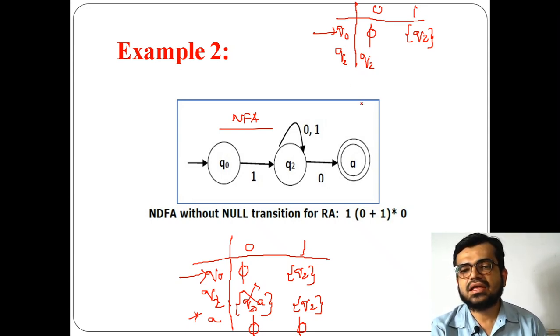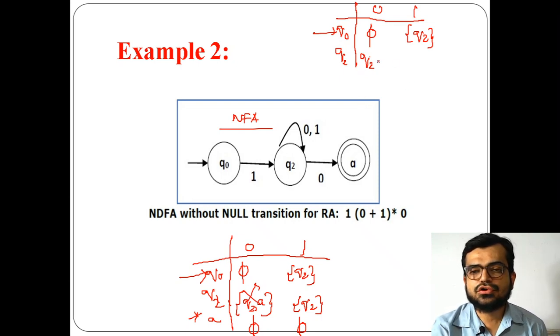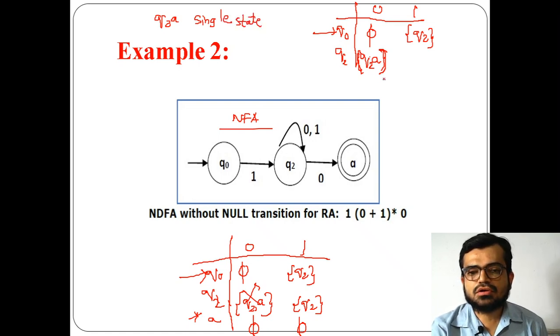I have to take here A. I am making this a single state, which I can represent in a square bracket. Now this Q2A is a single state. Remember, I am writing it as a single state. Now Q2 is pointing towards that one, and here it is not violating, so simply I am taking Q2 only.